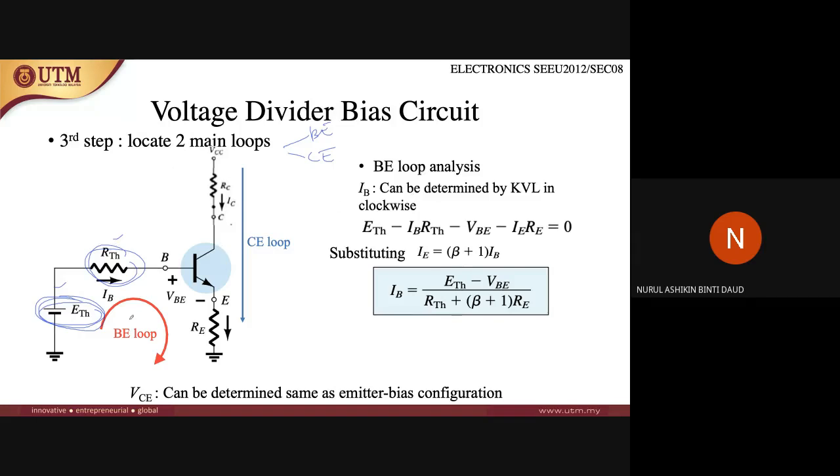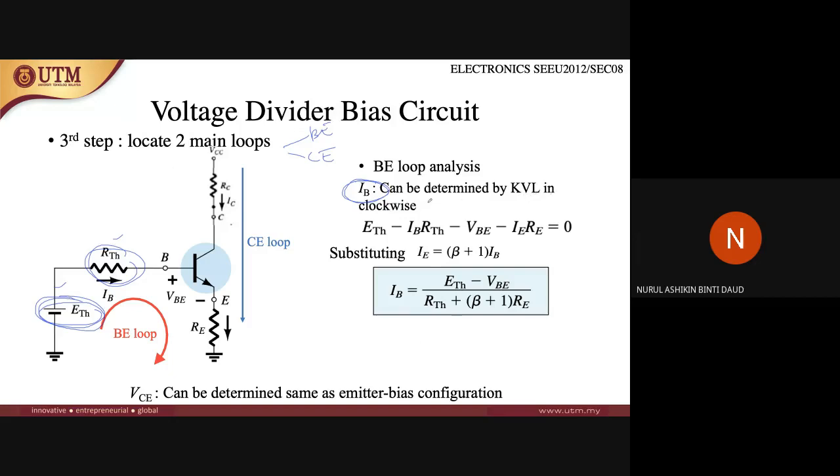Once the value is different, this will also become different, so please be careful. Now for the BE loop, we are taking this clockwise loop. We can determine the value of IB, the current that flows into the base, by using Kirchhoff's voltage law.